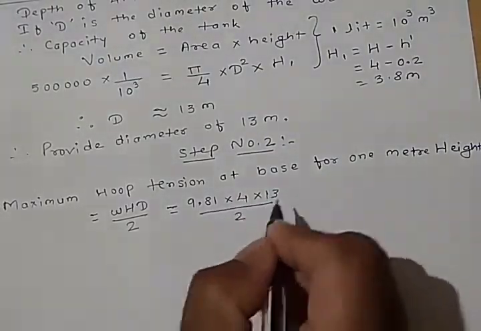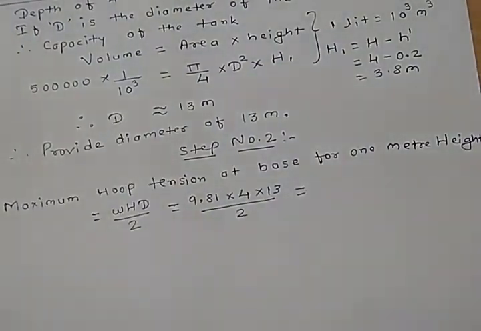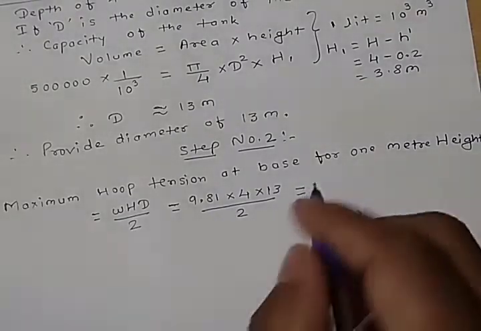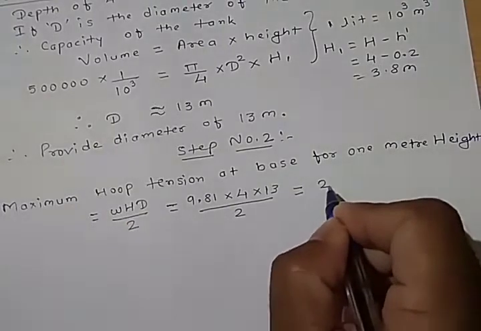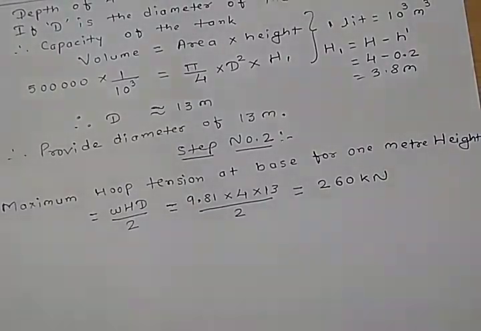If we calculate this value, 9.81 into 4 into 13 by 2, we will get the maximum hoop tension, which is going to be at the base, for the circular water tank. So we get this value of 260 kilonewton. This is the maximum hoop tension, and for that we need to calculate the area of steel required.